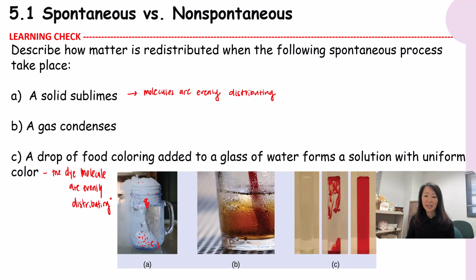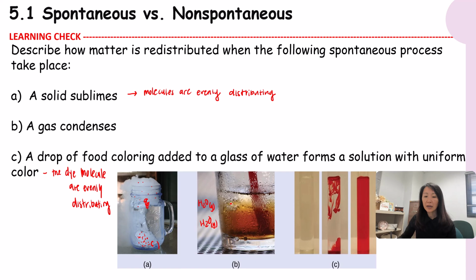Now the second one, B, you might not have noticed that this is gas condensing. What does that mean? You have water gas out on the surroundings, and then you introduce a really cold cup.